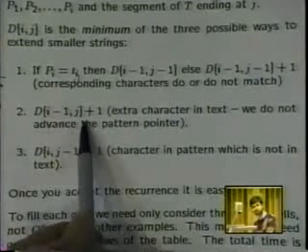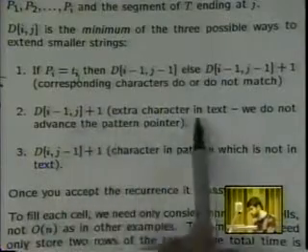In one case, we're going to want to know what's the best possible way to match the first i-1 characters of the pattern against the text so far. That's in the case where we delete the character from the pattern.